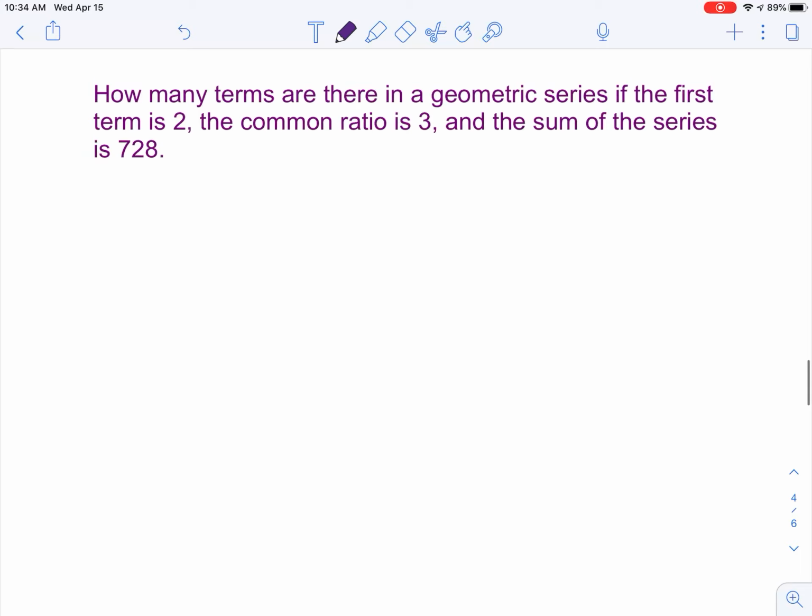All right, let's do a problem that's a little bit more difficult. It says, how many terms, so I'm looking for the n value, are there in a geometric series if the first term is 2, your common ratio is 3, and the sum is 728.